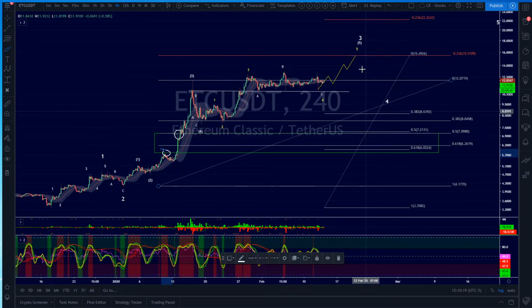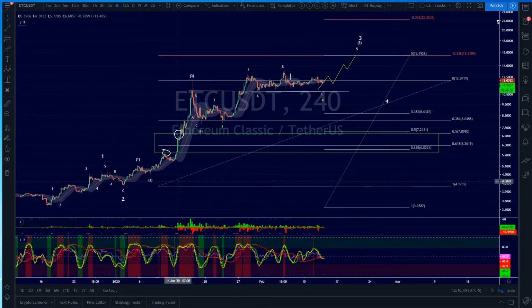Again, if we make it up to $15.50, we've got the 50 right here at the top of this range and the 618 down here at the bottom of this range. So it wouldn't surprise me one bit for this to do a nice A, B, C correction down here into this range.